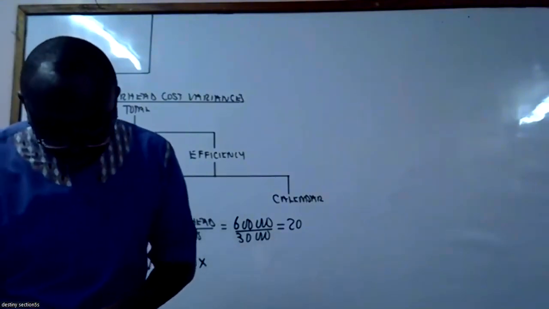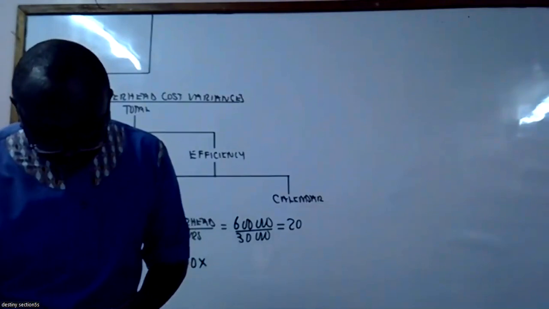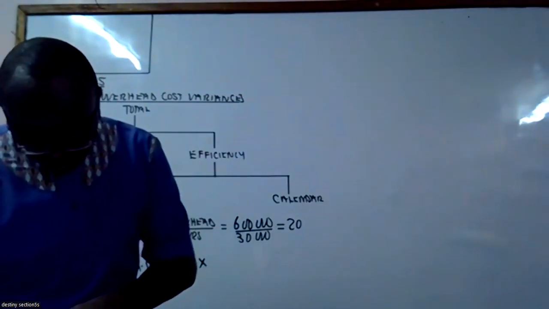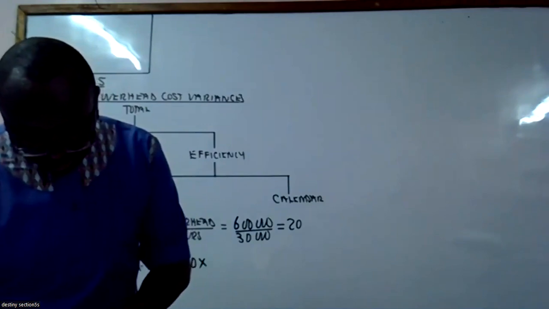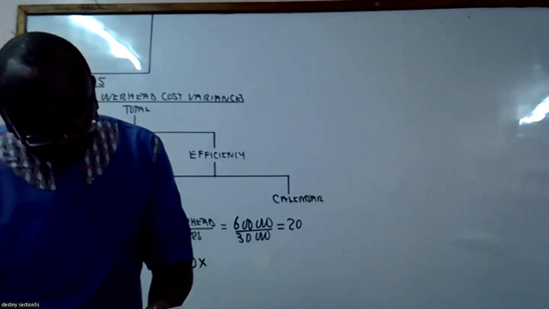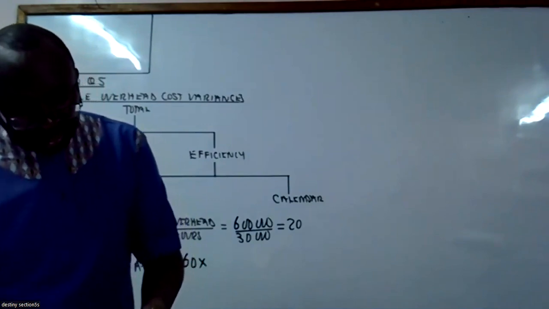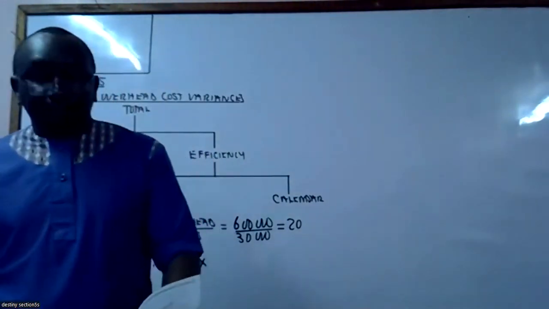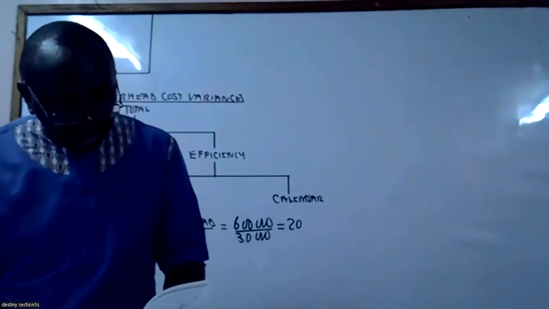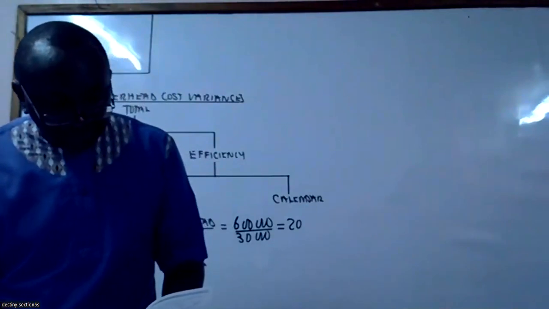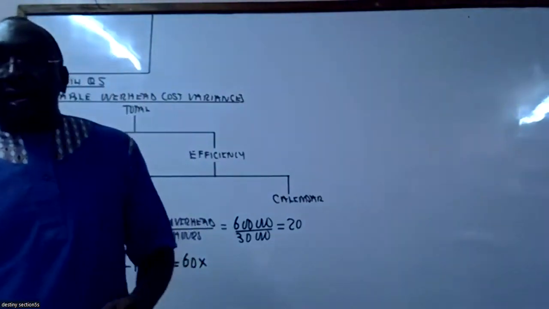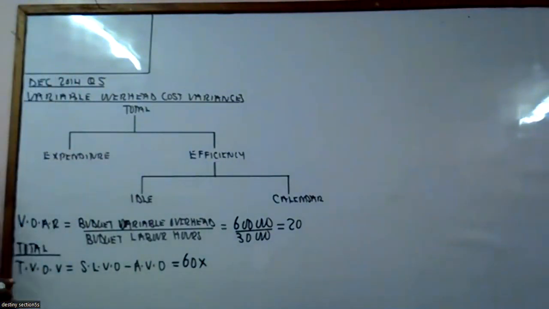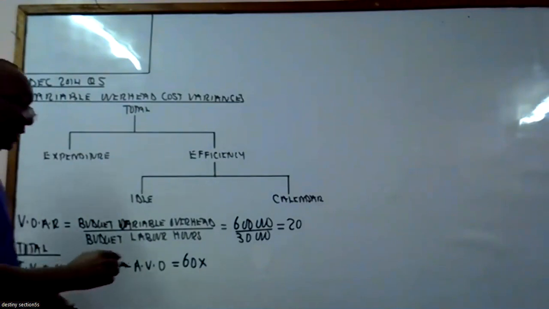The actual units that were produced, you will get them in information number 5. If you turn to the other page, information number 5 says the actual production and sales for the month were 9,000.